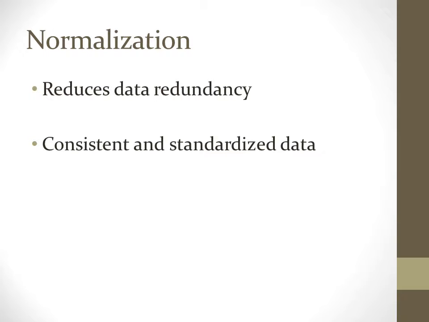And one of those techniques that the relational model benefits from is the ability to use normalization. Now, normalization is defined by how the properties of an entity are related to other properties within the same entity.